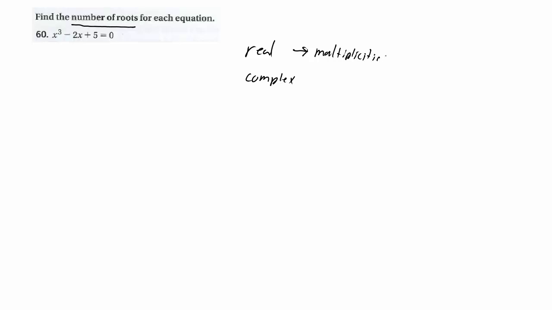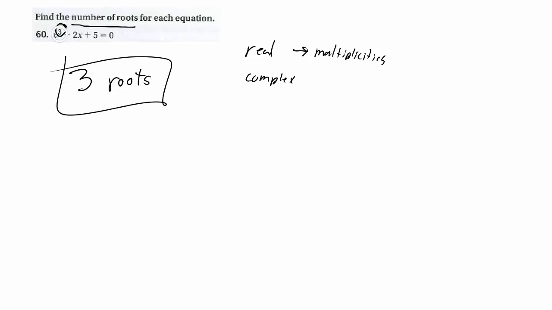So it's like if you have a root that occurs more than once. Either way, according to the fundamental theorem of algebra, the number of roots is just equal to the highest degree of the polynomial. So this thing is going to have 3 roots. And that's all I want you to know, is that whatever the highest degree is, that's how many total roots, which could be any combination of real with multiplicities or complex. Just look at the highest degree.